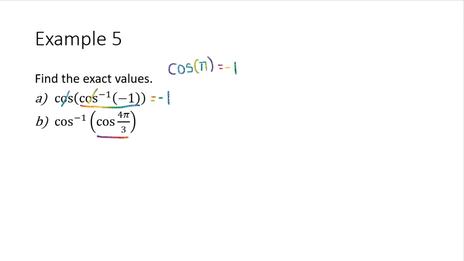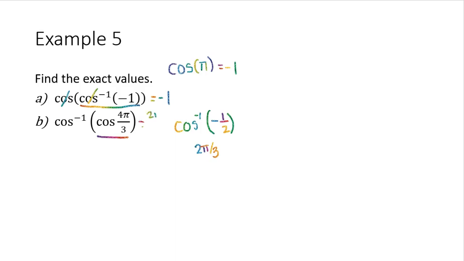Working with just the interior here, the cosine for 4 pi over 3 is going to be -1/2. Now we solve the problem to find the angle where the cosine is -1/2. Remember, I just said that the domain on the inverse cosine function is quadrants 1 and 2, and so the angle in quadrant 2 where the cosine is -1/2 is 2 pi over 3.